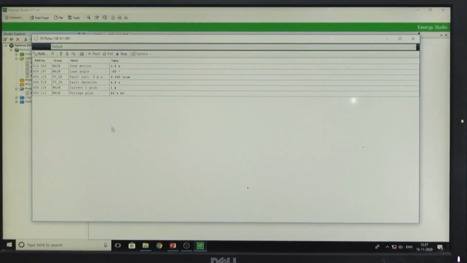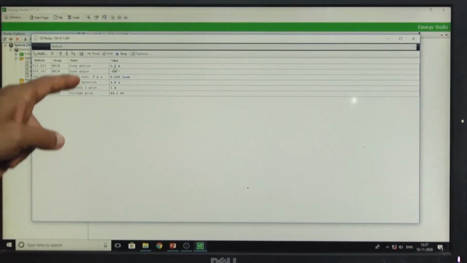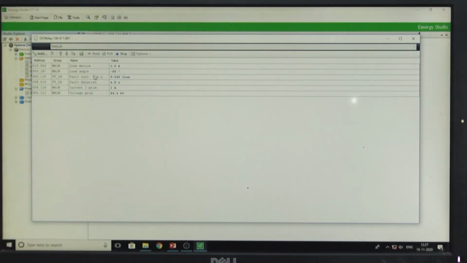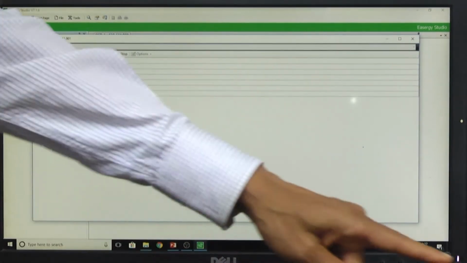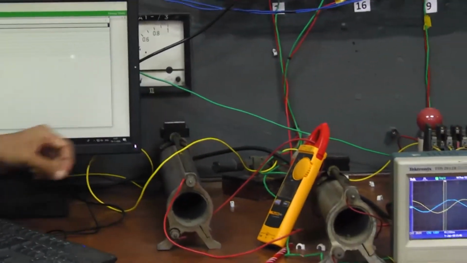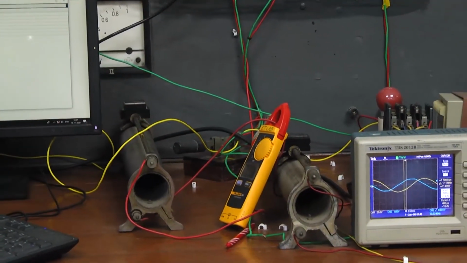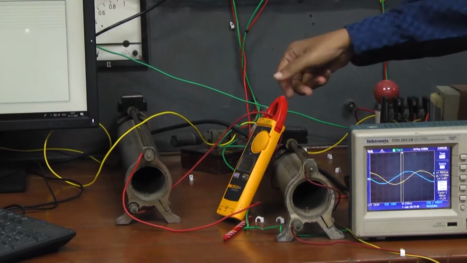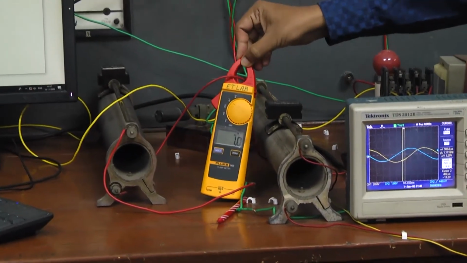If you see here, I nominal is 5 ampere, as per the setting. The angle between the voltage and current here is minus 89 degrees, which I would like to check, and the fault current is 0.242 I nominal, against the 0.3 times setting, and the current in the primary side is 1 ampere. So, this current which is being set now is in terms of this 1 ampere current. If you see from our clamping meter, it is clearly showing 1 ampere here.